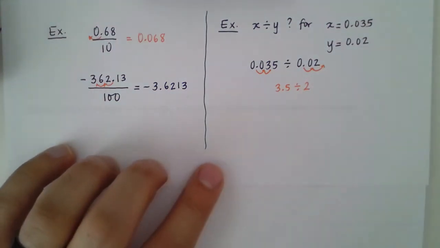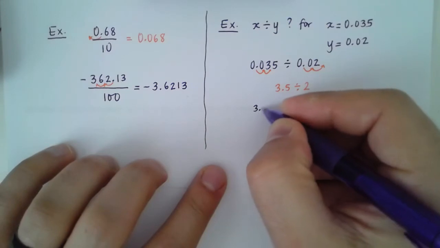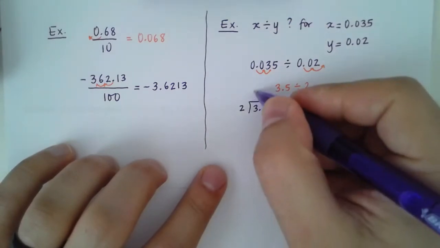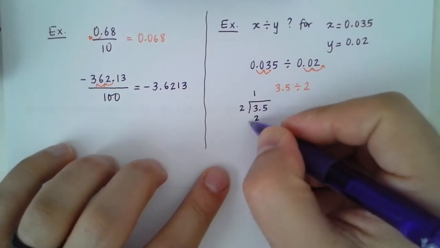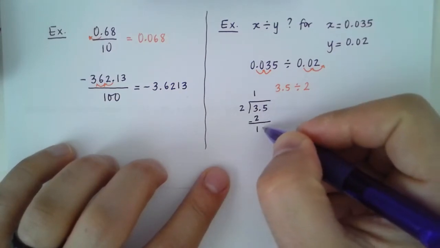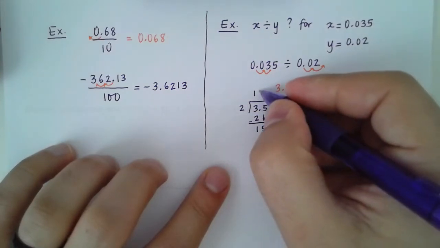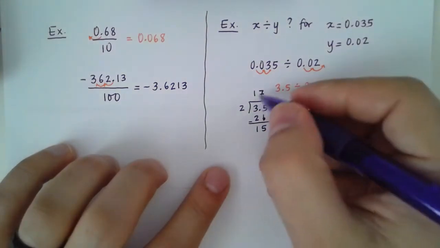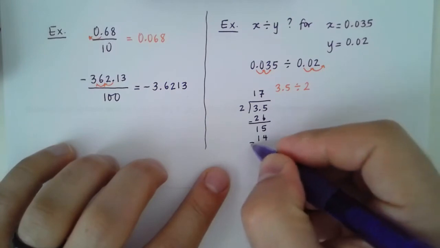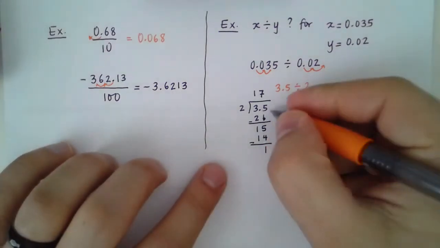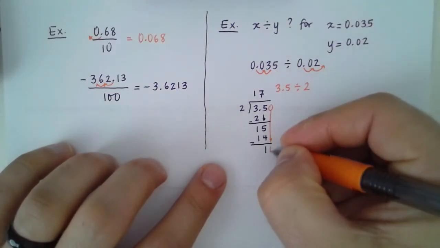So let's do that one. 3.5 divided by 2. So 2 goes into 3 once. We got 2 and 1, and then we bring down 5, and then 2 goes into 15 7 times. 2 times 7 is 14. We got 1, and I can insert a 0 here. Bring the 0 down.